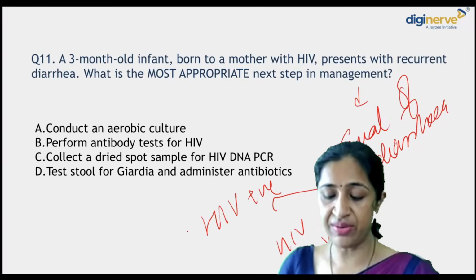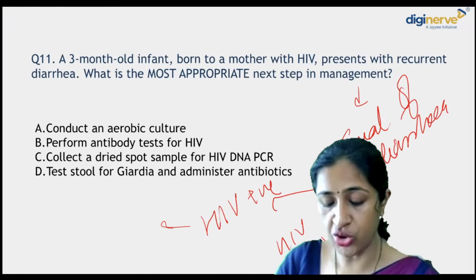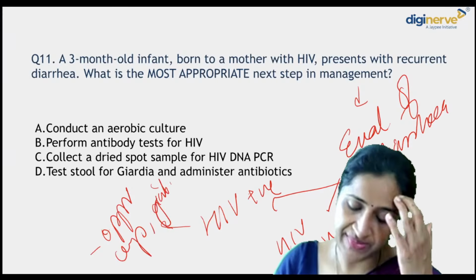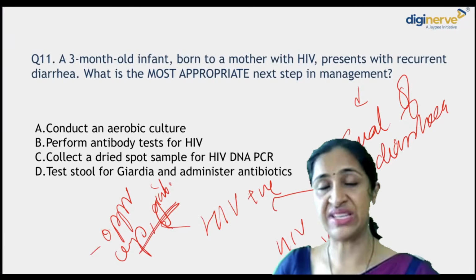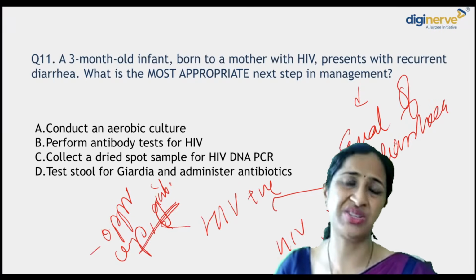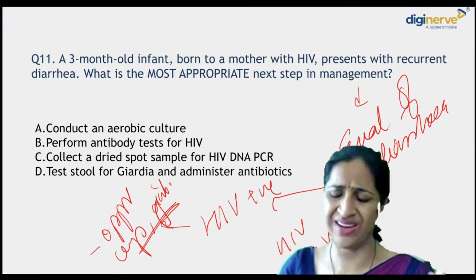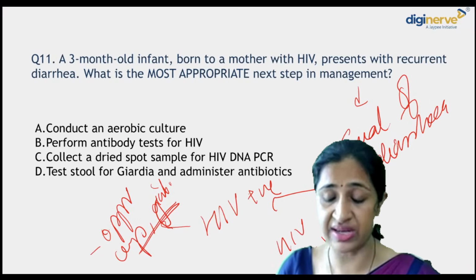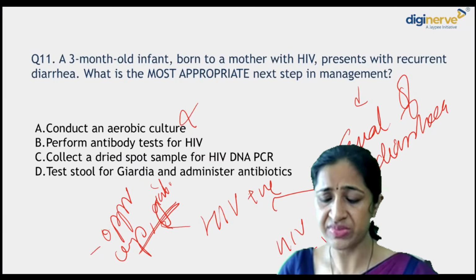So HIV positive neonate, what are you going to do? You're going to look for opportunistic pathogens, cryptosporidium, giardia, okay, all these. And if it's HIV negative, you're going to look for small infections, poor bottle handling, all these things. So what is the most important step? Is it to conduct an aerobic culture? No.